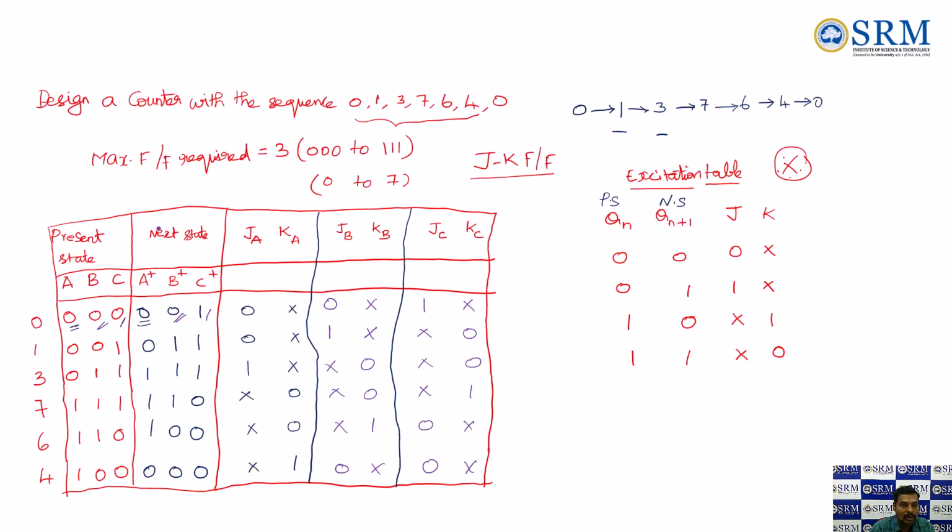Now I'm writing. For all zeros, I'm looking for J alone, right? So by writing 0, 0, 1, don't care, don't care, don't care and then don't care.